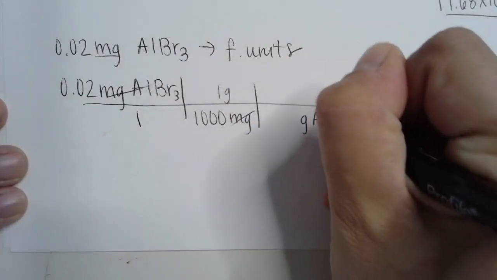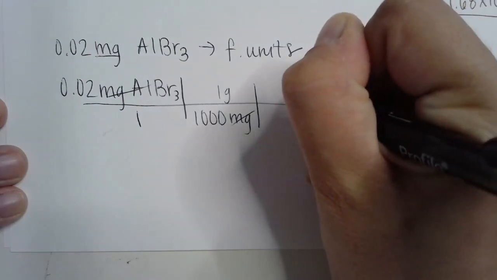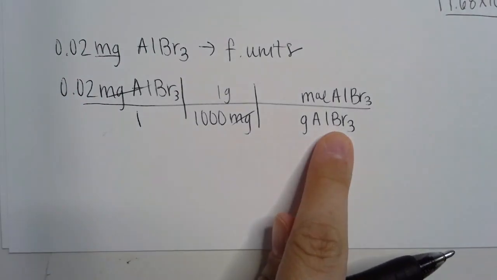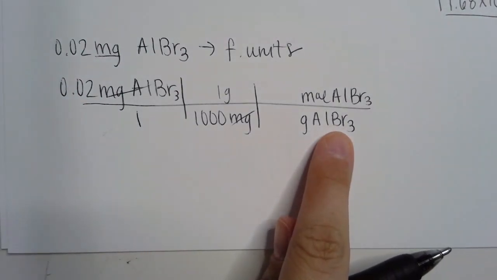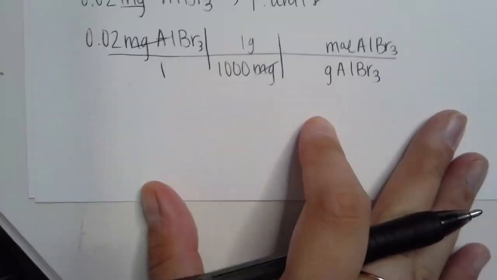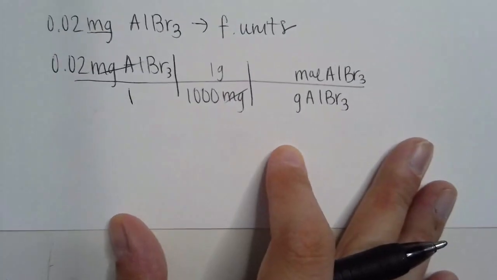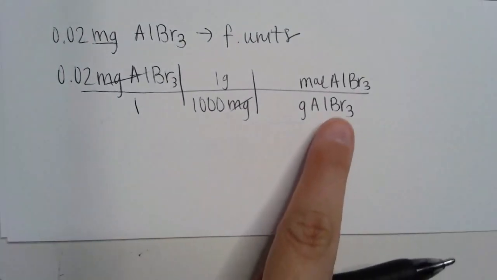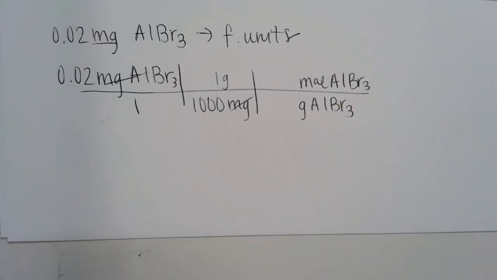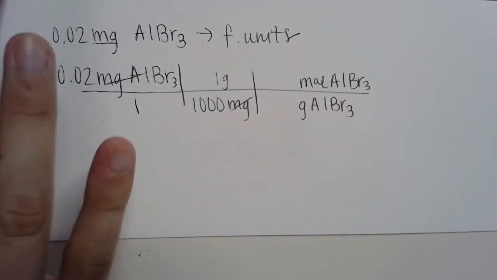Grams of aluminum bromide to moles. Aluminum bromide. Now, unlike above, where you can just look at the periodic table and find the molar mass for neon, which is what we did up here, this one you do need to calculate. So this particular problem has 1 aluminum atom bonded to 3 bromine atoms, so you do have to add the total mass for all of those atoms together.